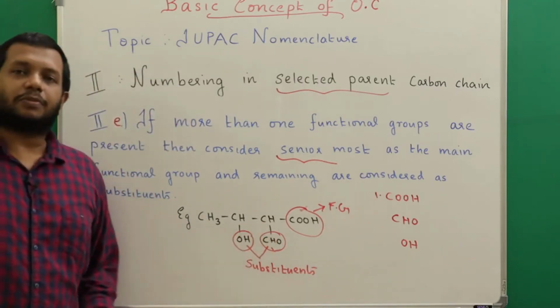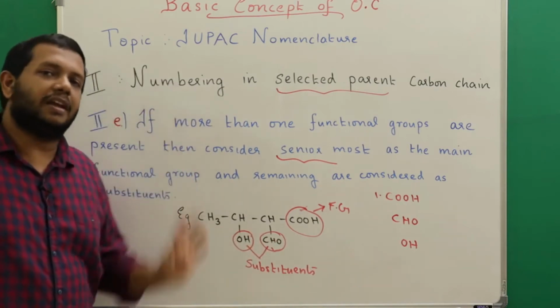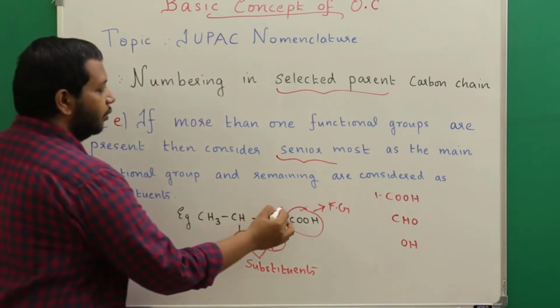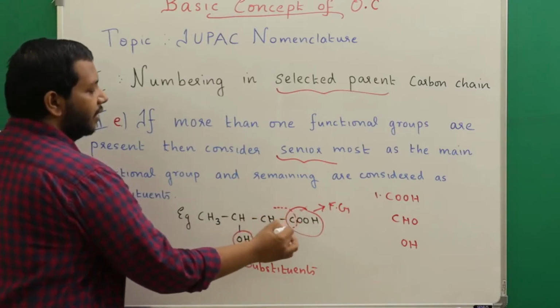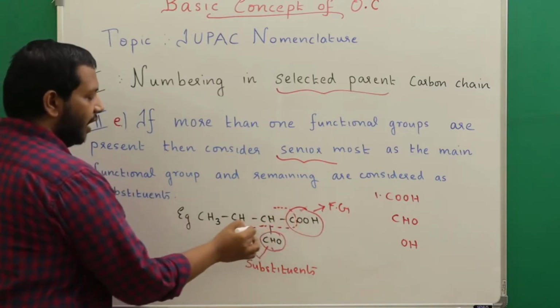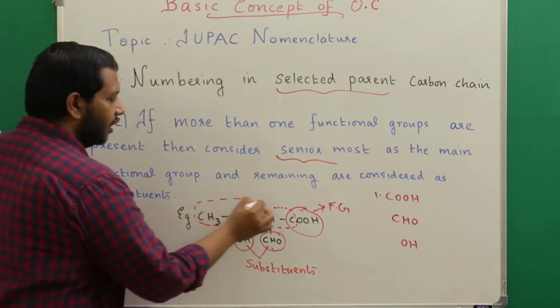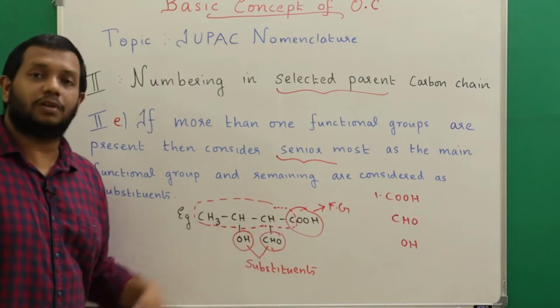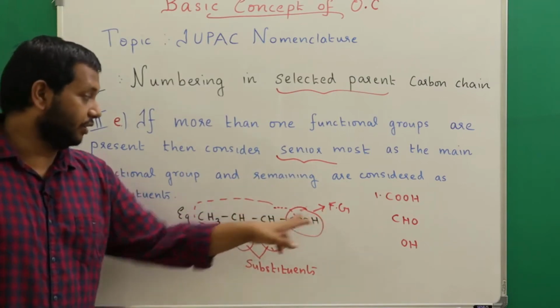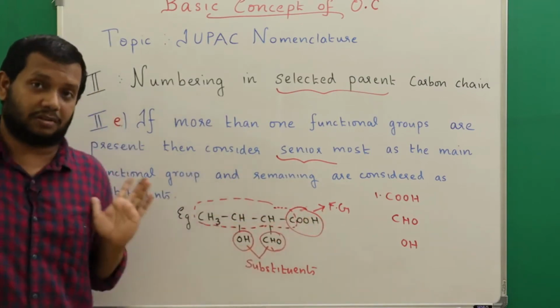If both of these are substituents, just consider them as substituents like any other. My parent carbon chain: you know that if a carbon-containing functional group is there, I should start selecting the parent carbon chain from that carbon, and this is my parent carbon chain. Many of them will ask here, sir, why don't you include CHO even though it is a functional group? Please understand, when COOH is there, CHO is just a substituent.